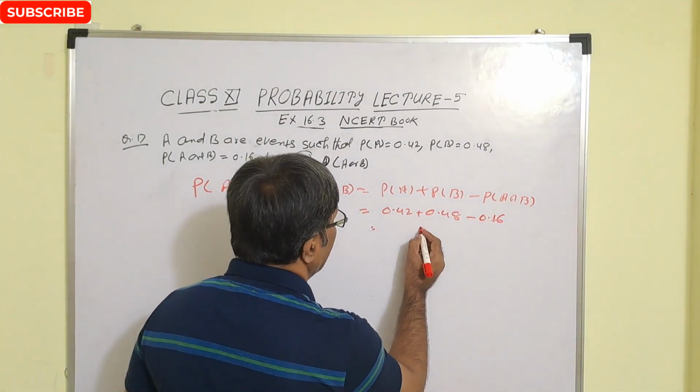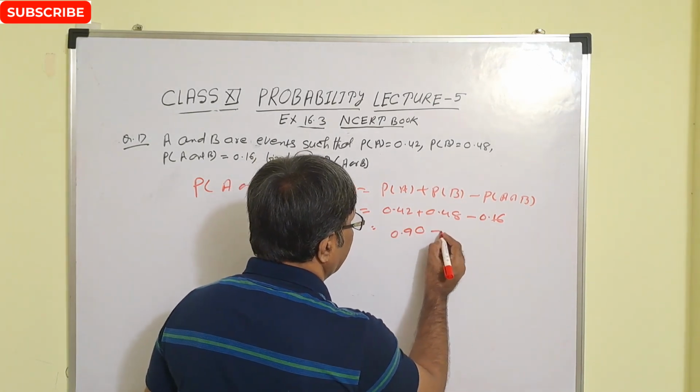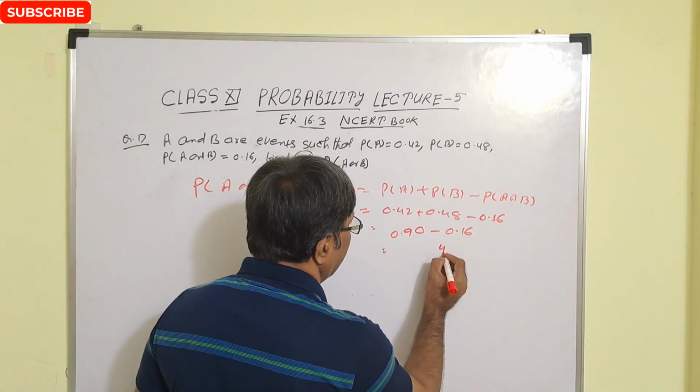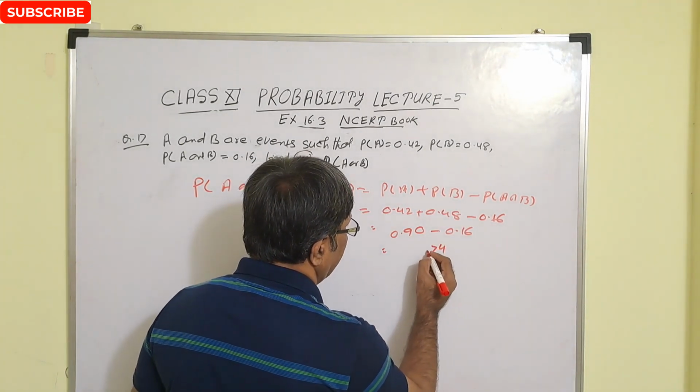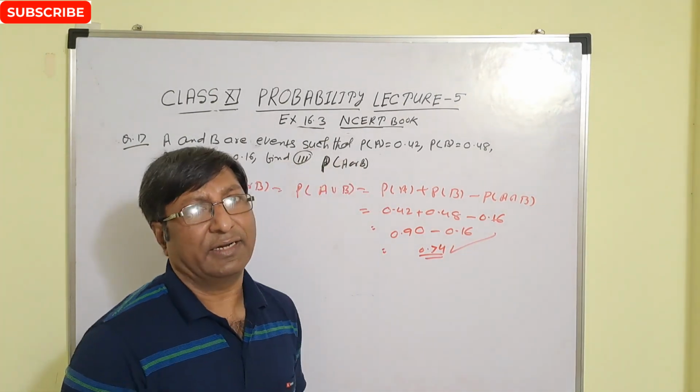So 0.42 plus 0.48 is 0.90. Then 0.90 minus 0.16. So 10 minus 6 is 4, 8 minus 1 is 7. So 0.74 is the correct answer.